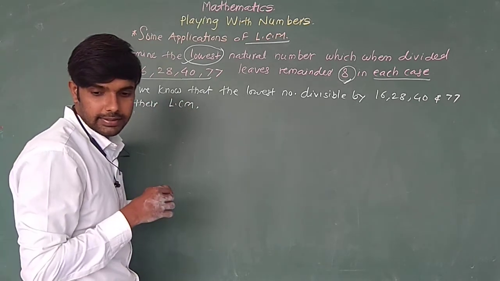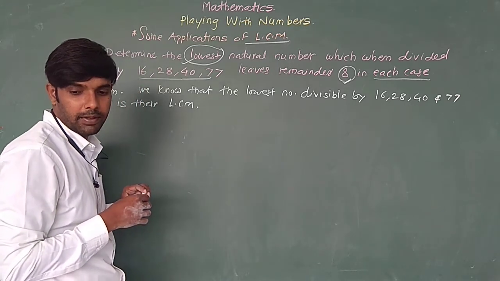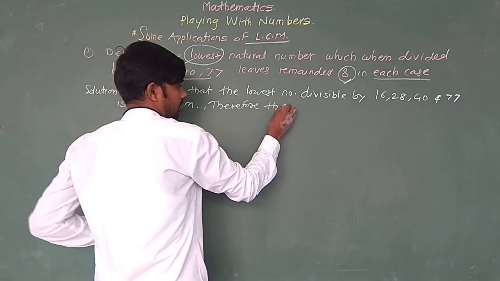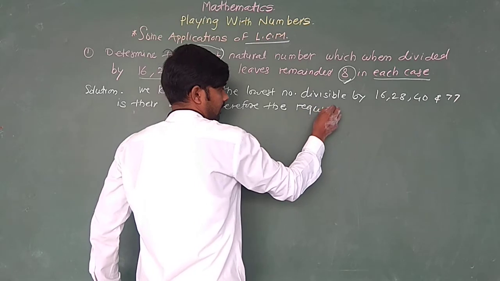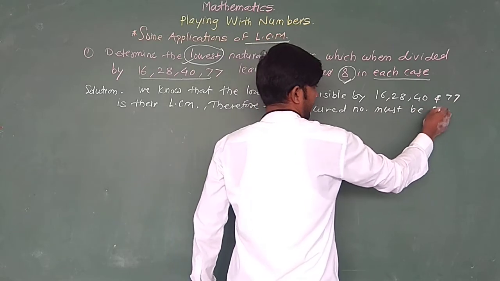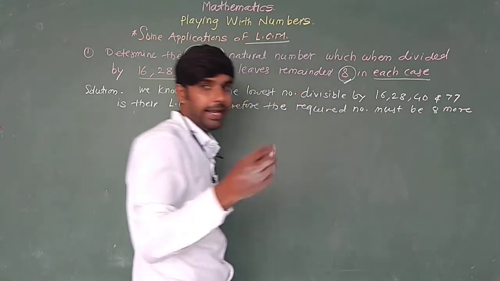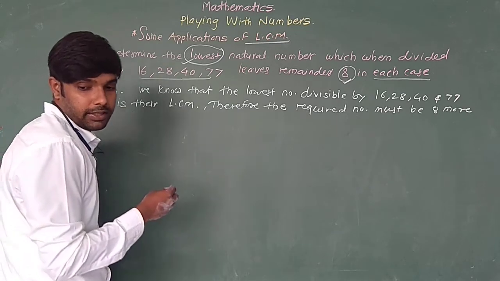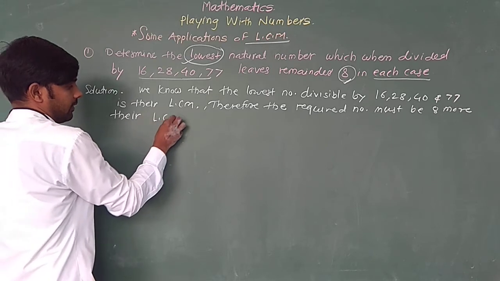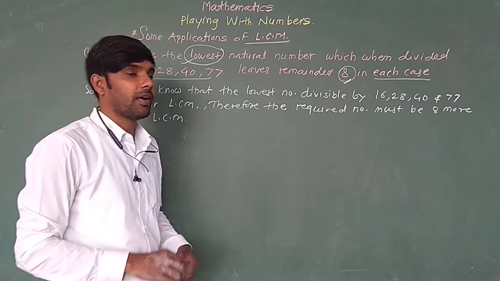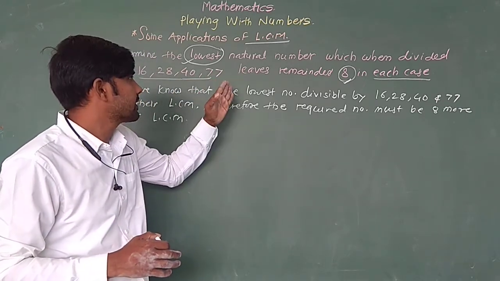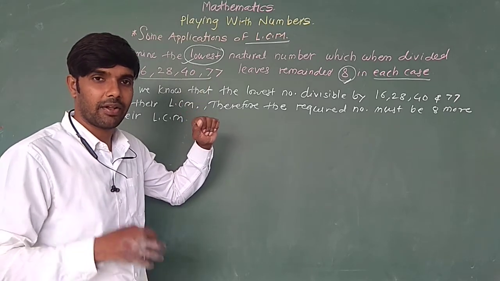Therefore the required number must be 8 more than their LCM. That's why we will first find out the LCM of these 4 numbers, and then we will add 8 to the LCM to find out the required number or required answer.